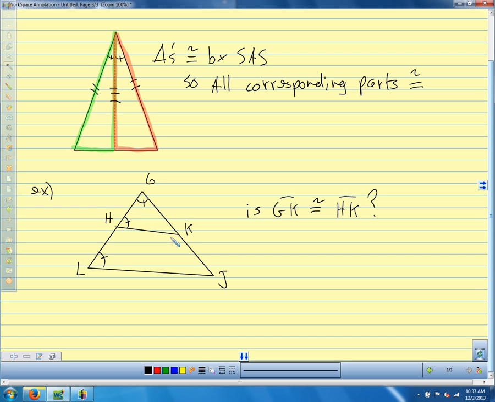What do we think? Got a few yeses. So we're looking at GK, this piece. Let me highlight it in red, GK and HK. So we're looking at those two. Are those two congruent? Few more people nodding. So why would they be congruent?